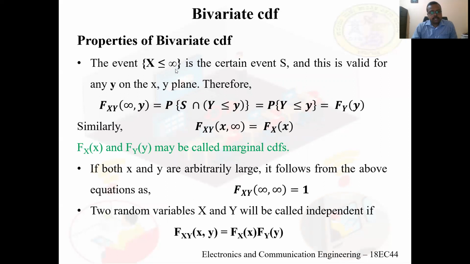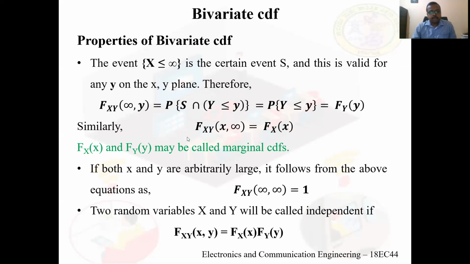Since X is less than or equal to infinity, this is nothing but the sample space S intersected with Y less than or equal to y. Now, since it is intersected with S, this is P(Y less than or equal to y), which is equal to F_Y(y). It means it has reduced to a single random variable Y, the cumulative distribution function for the single random variable Y.